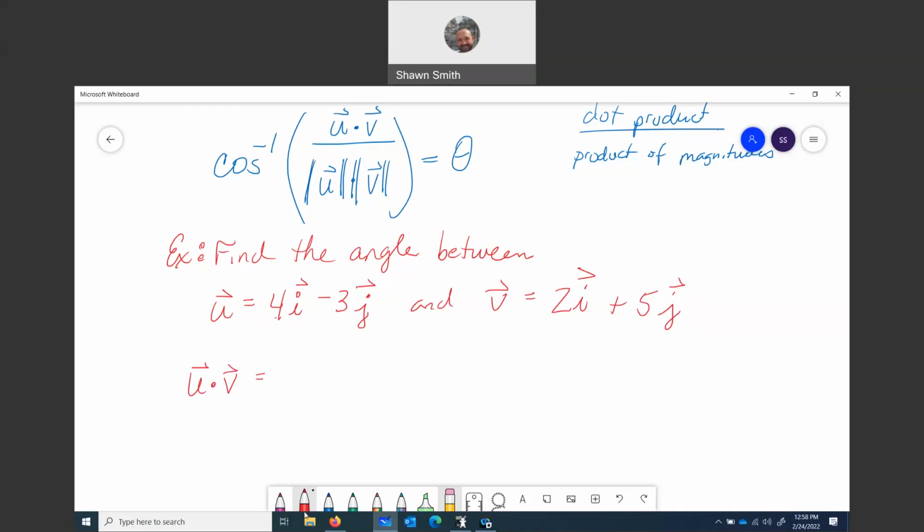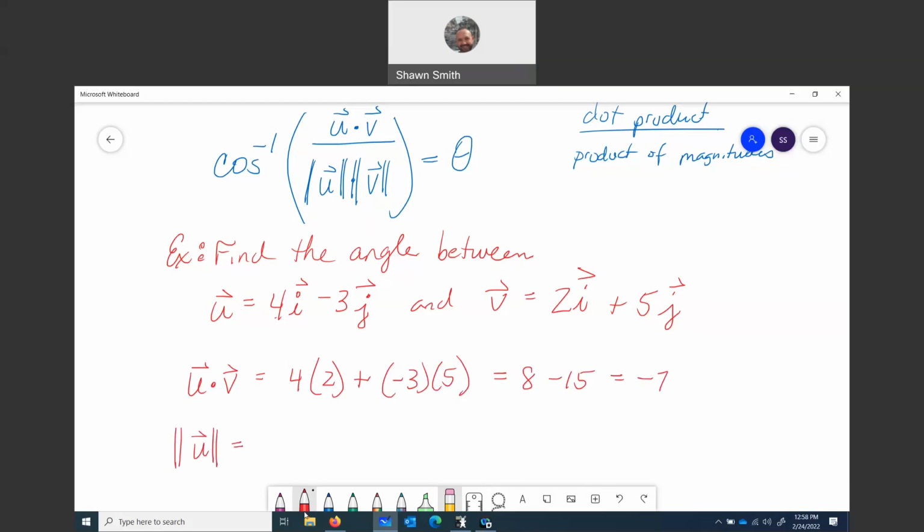A components you multiply, 4 times 2, plus the product of the b components, -3 and 5. That gives 8 minus 15, -7. Next, the magnitude of u.